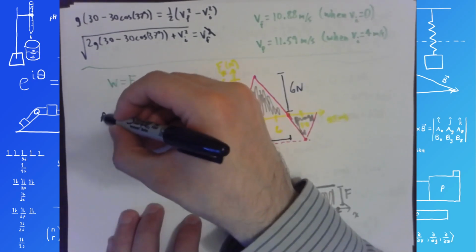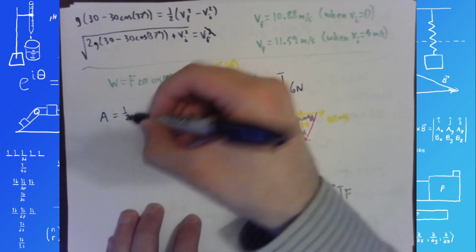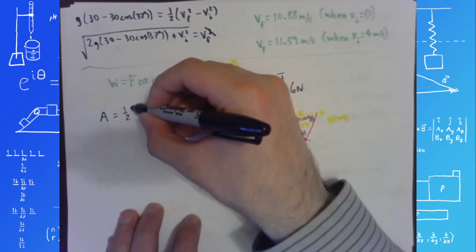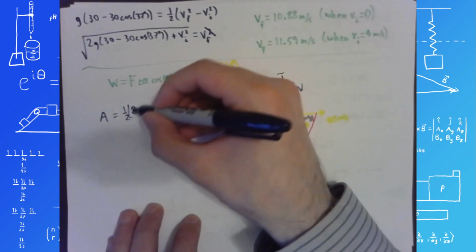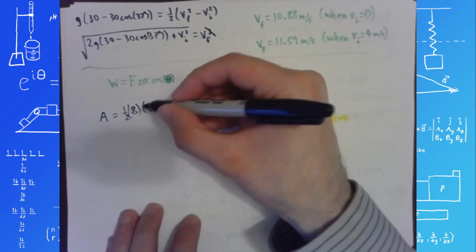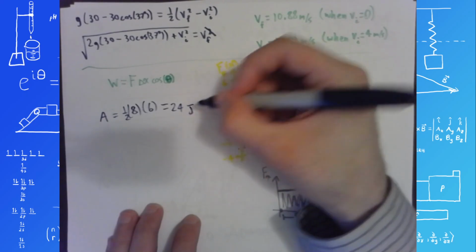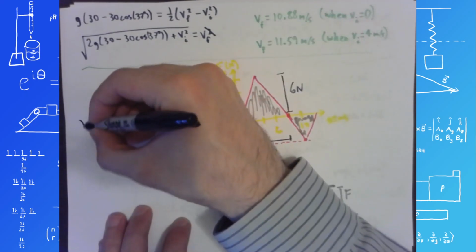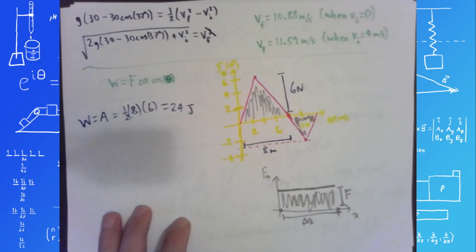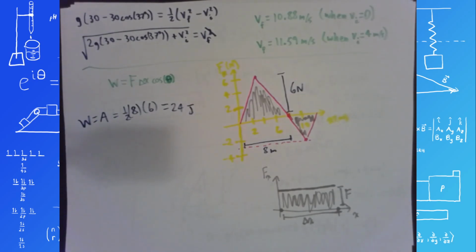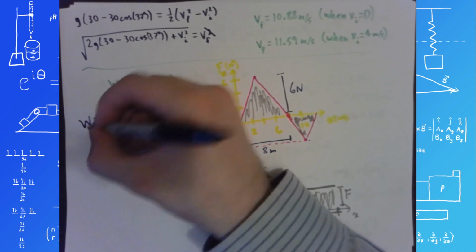So area is equal to 1/2 times 8 times 6, 4 times 6, which is 24 joules. I guess I should call that work. Okay, so that's work from 0 to 8. I'll call it work 1.